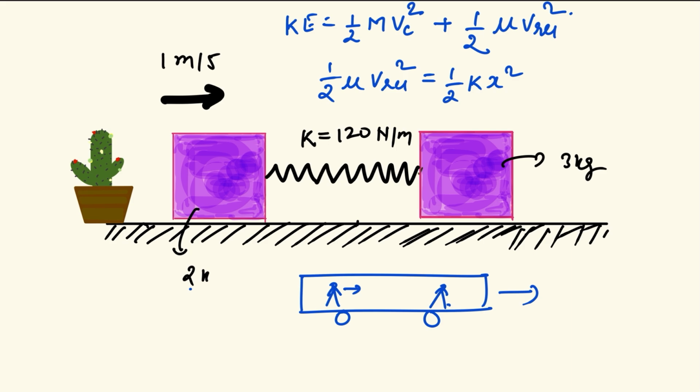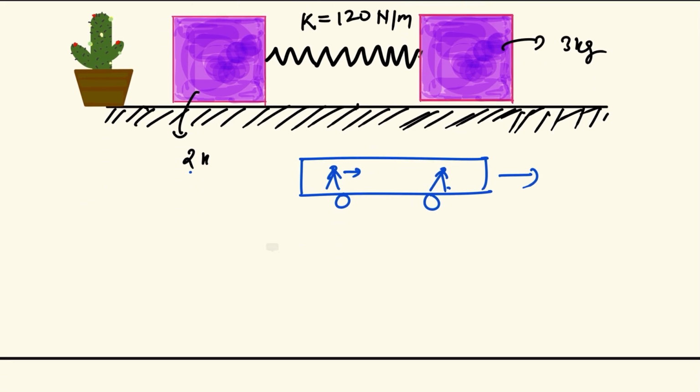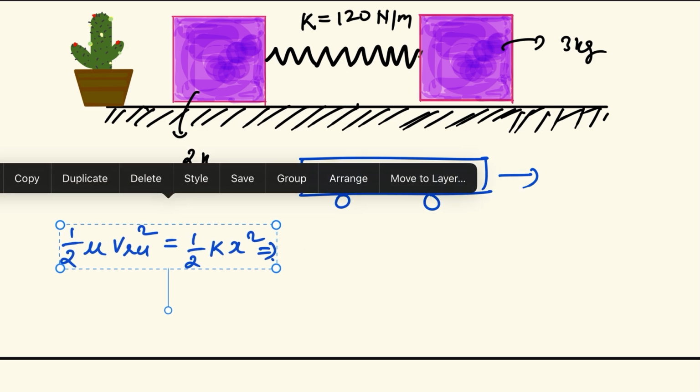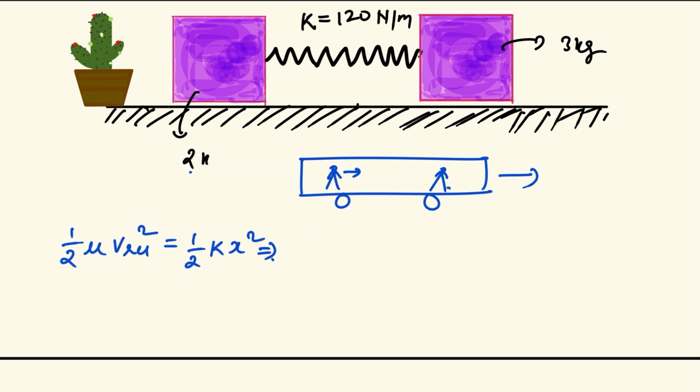Now I have to find x, but how can I write this mu value? Mu is given by the formula m1 m2 divided by m1 plus m2. That is called the reduced mass.